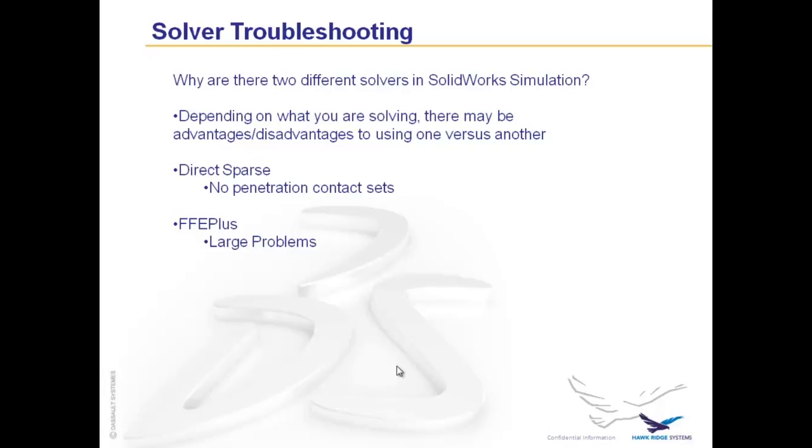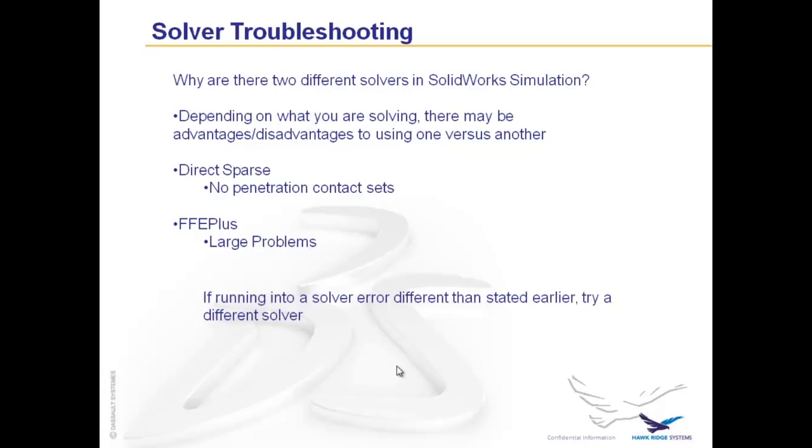With the Direct Sparse solver, it used up all 16 gigs of memory on the machine and then gave me an out of resources error. So just keep that in mind when you're choosing solvers. But again, what we usually recommend is keep it on Automatic. If you don't want to think about it, just keep it on the Automatic setting.